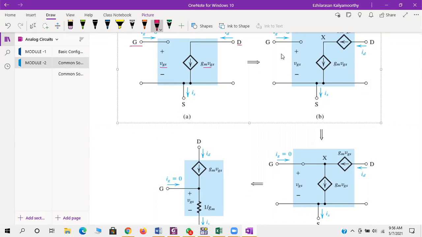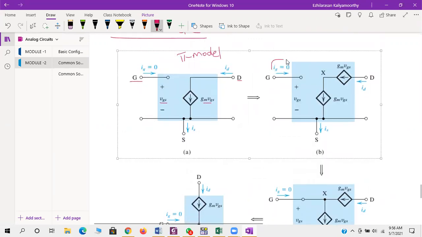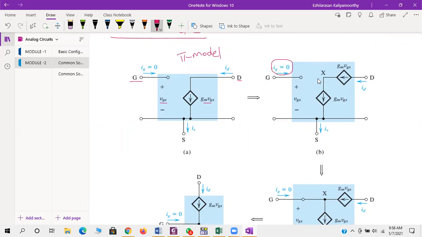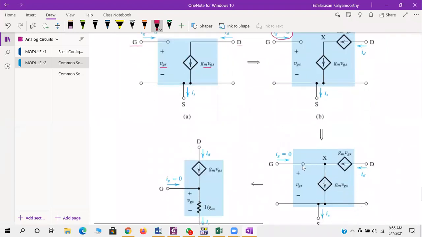If this is an open circuit, we already said the current is zero, IG is zero. So even if I connect this, the current will not change. The same current, IG zero only, will be there irrespective of open circuit or short circuit here. That is why we just connected this portion. See, even if it is connected, this portion IG is equal to 0 only. Correct? The rest of the things are common, the same.